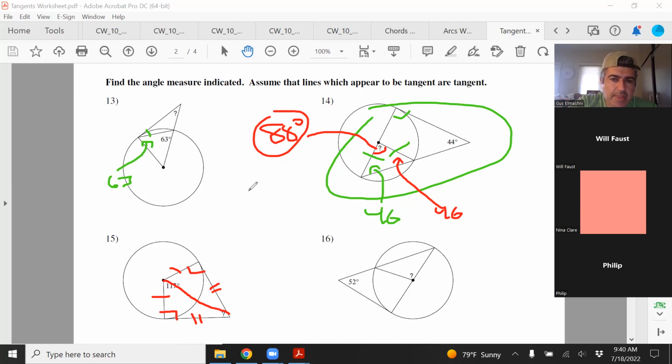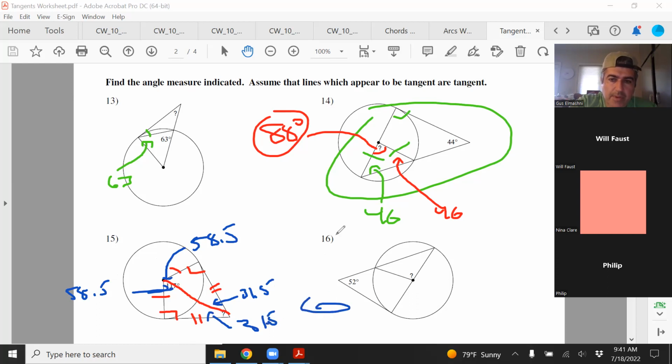So that means this will be half of 117. What is that? That's 58.5. That's also 58.5. 90 minus 58.5 is going to be 31.5. That's also 31.5. So it becomes 63 degrees.